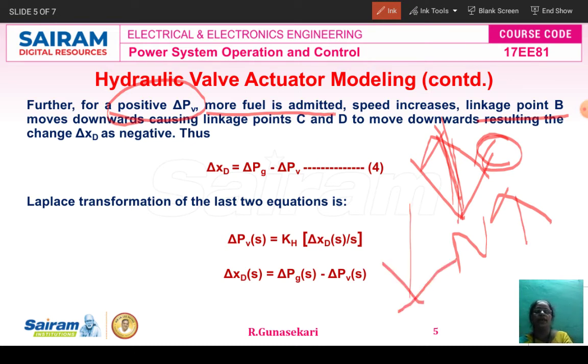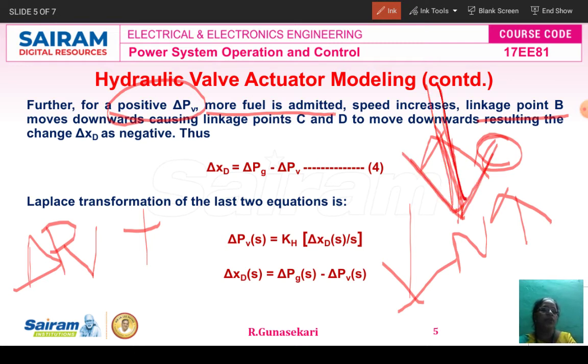Student, you clearly understand the output of the hydraulic valve actuator, del PV. If del PV is positive, the valve position is downward, that is the open position. So the valve opens, more fuel, that is more steam, is admitted to the turbine, so the speed increases.